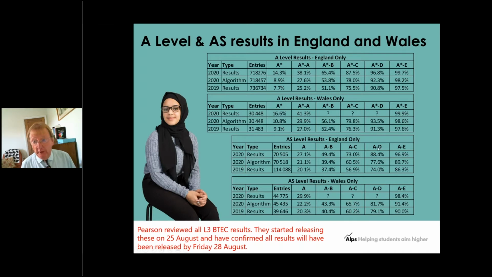And even at A star to E, it meant that even fewer young people across the countries actually didn't get a grade this year. AS may be of less interest to most English schools, as not so many English schools are using AS anymore, but those results also went up.